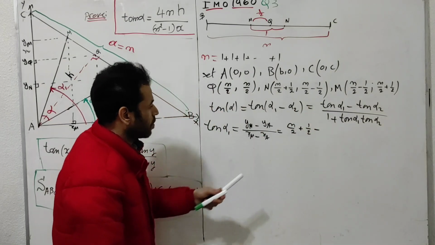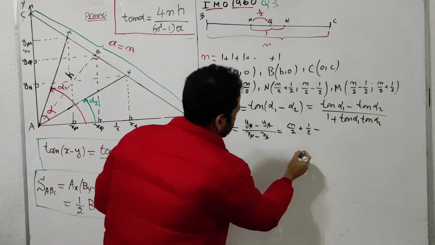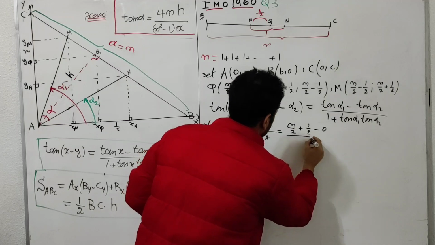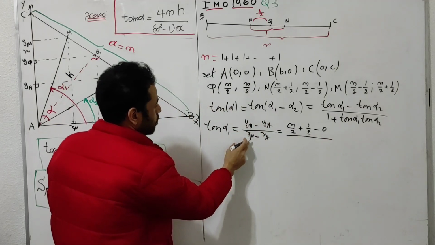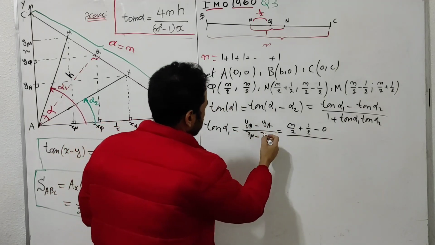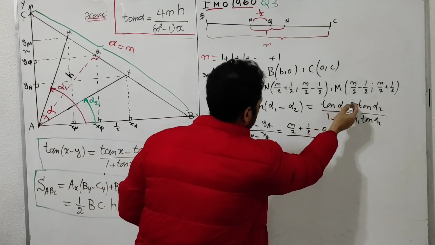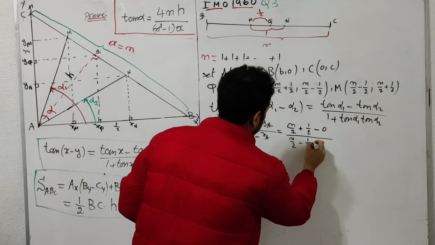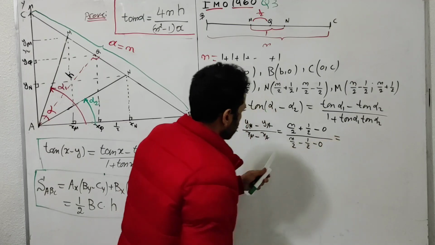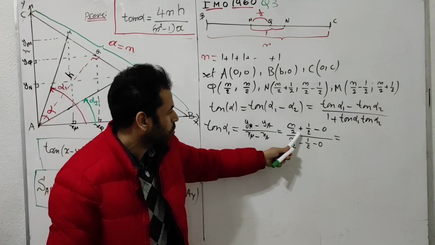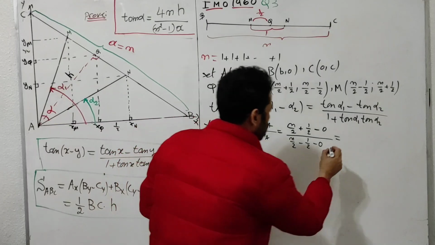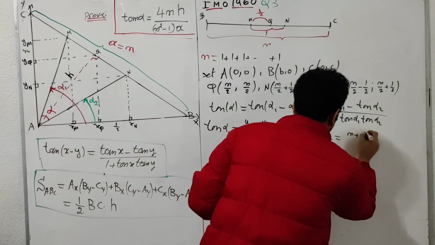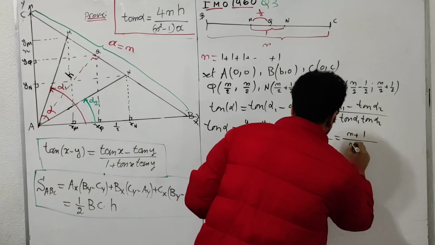Ya is the origin, which is 0, divided by xm, which is n over 2 minus half, minus 0. I'm going to cancel out the 2 from numerator and denominator. I will get n plus 1 divided by n minus 1.